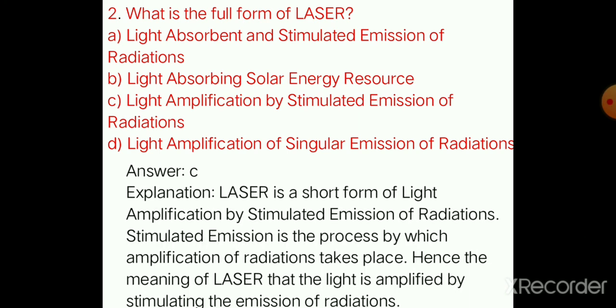Answer is C. Laser is a short form of light amplification by stimulated emission of radiations. Stimulated emission is the process by which amplification of radiations takes place, and hence the meaning of laser is that light is amplified by stimulating the emission of radiations.